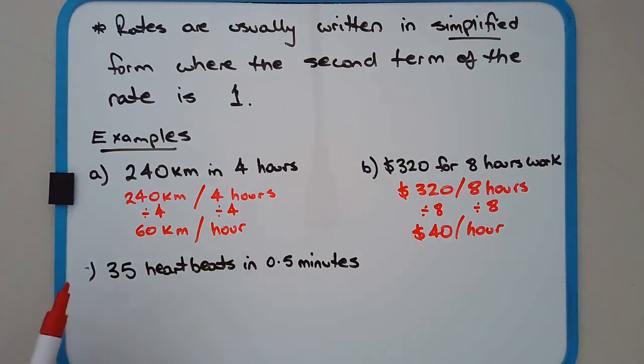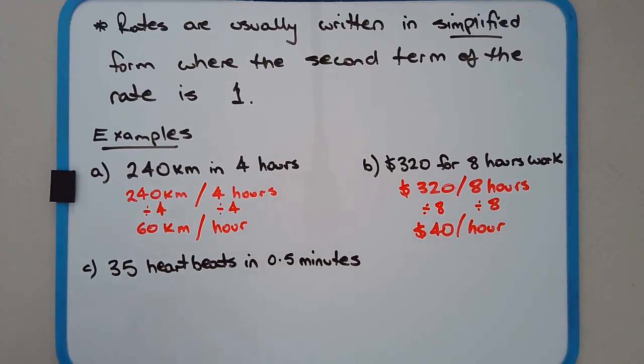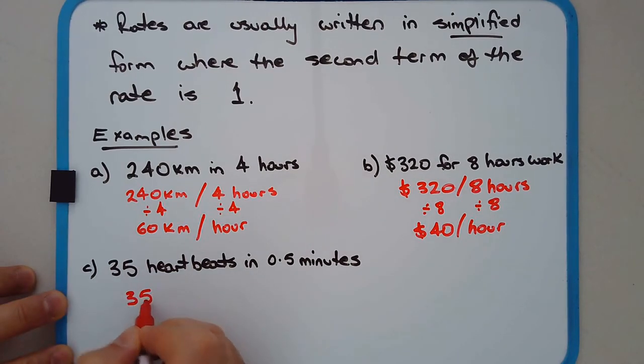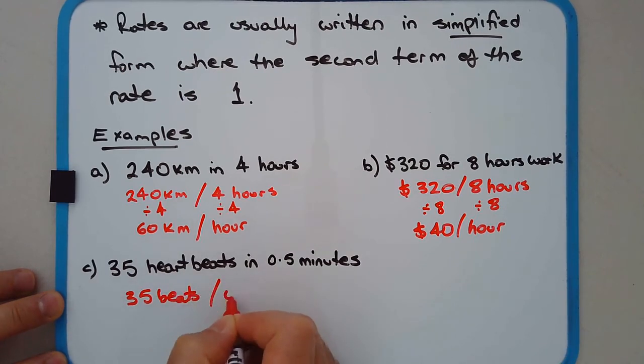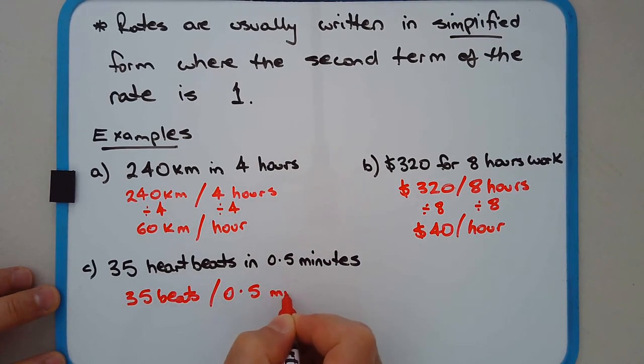Now what about the last one, example C: 35 heartbeats in 0.5 minutes. We want it as a simplified rate in beats per minute, per 1 minute. So that's 35 beats per 0.5 minutes.